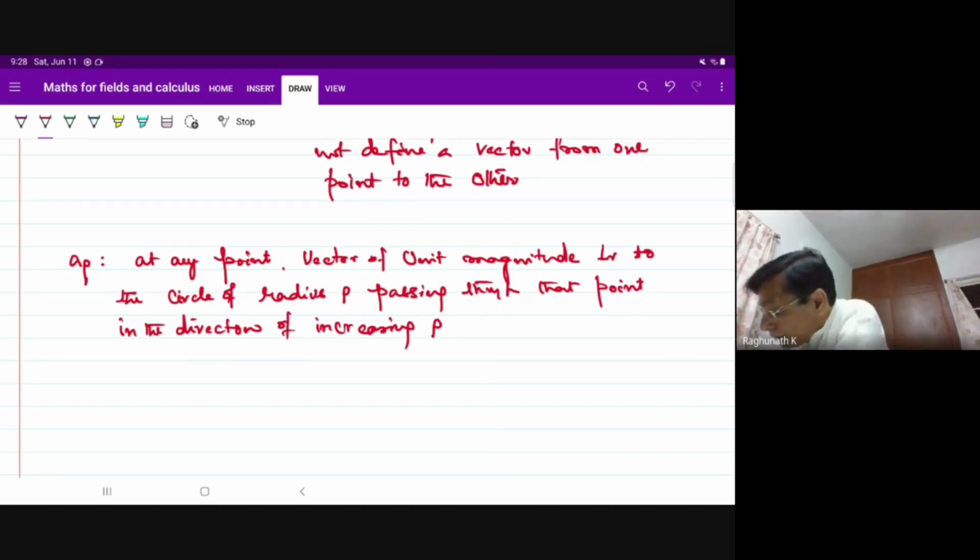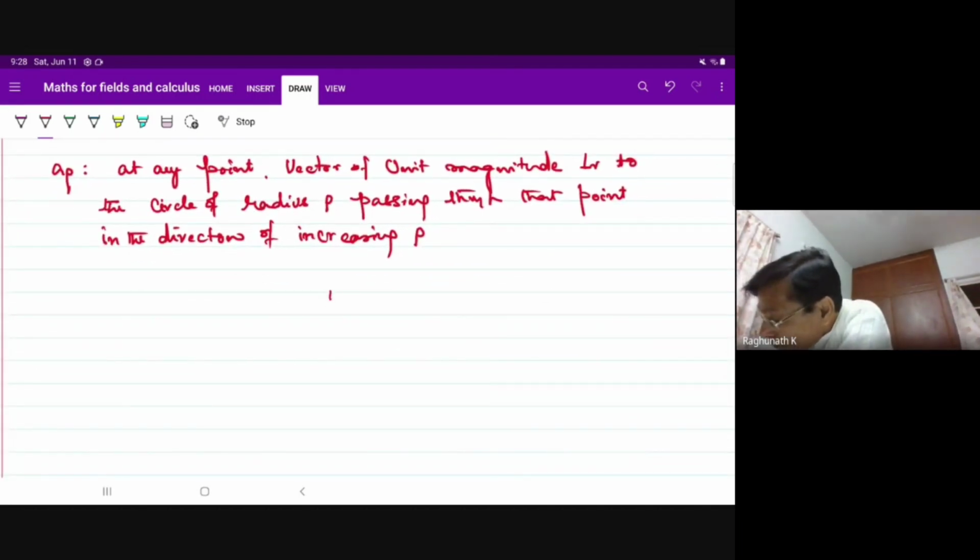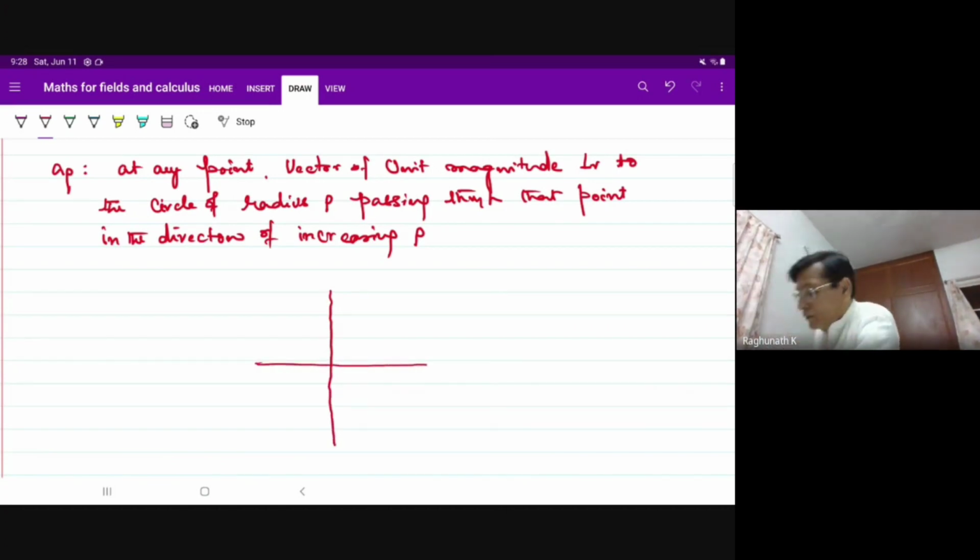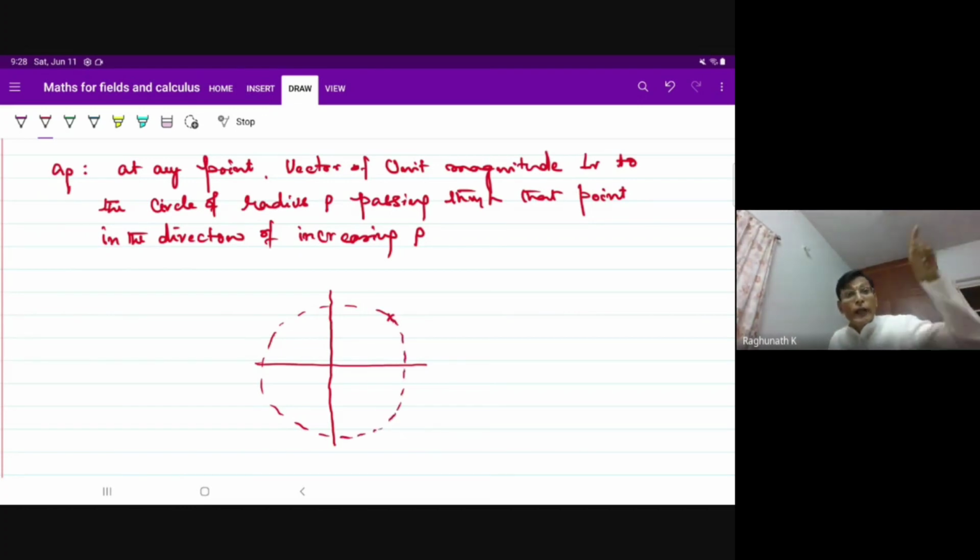Listen. Let us suppose this is the point. I will draw a circle of radius rho. x is equal to constant line, rho is equal to constant line. In the direction of increasing rho is this, right?